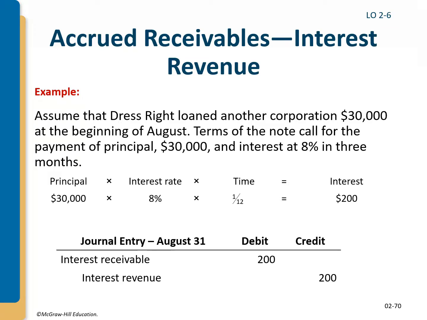So on August 31st, we would increase the revenue, interest revenue, because we earned that revenue, even though it's not due or it hasn't been paid yet. And because it hasn't been paid yet by the debtor, we would increase an interest receivable to show that part of the interest revenue is owed to us.